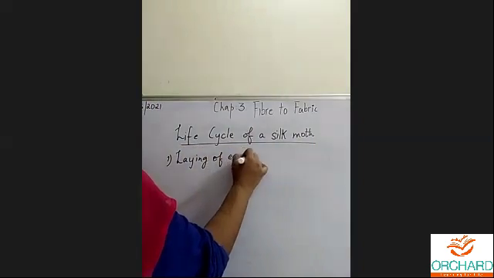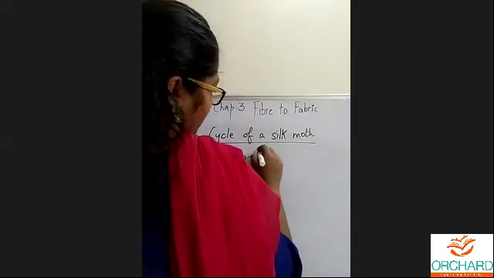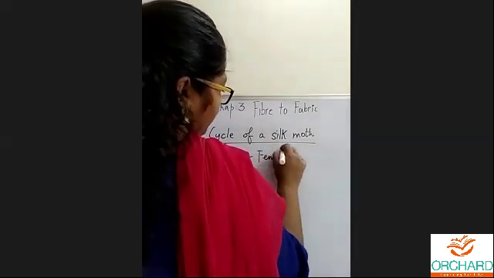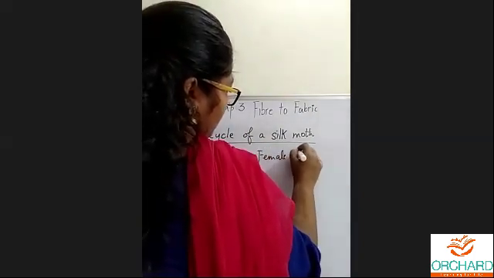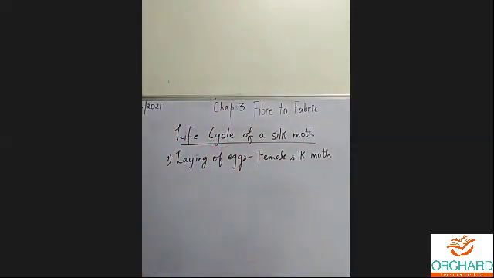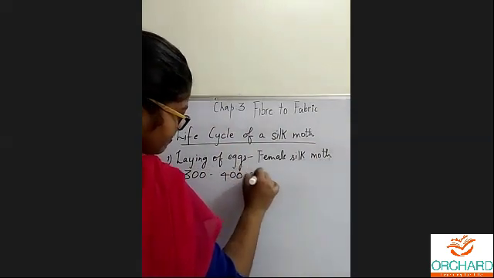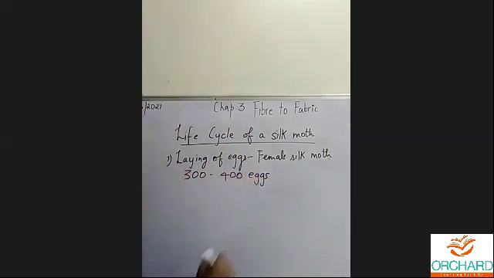Who will lay eggs? The female silk moth. The female silk moth lays nearly 300 to 400 eggs at a time.